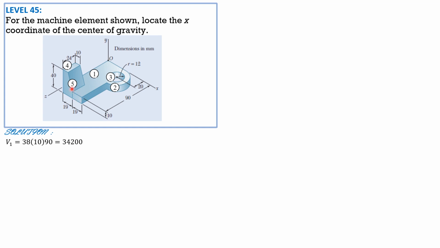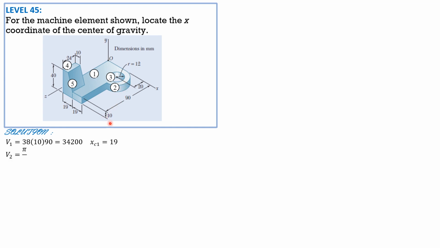Then the X coordinate is 19, half of 38 along X. Take note, we are just required to locate the X coordinate of the center of gravity. So XC1 is 19 mm.